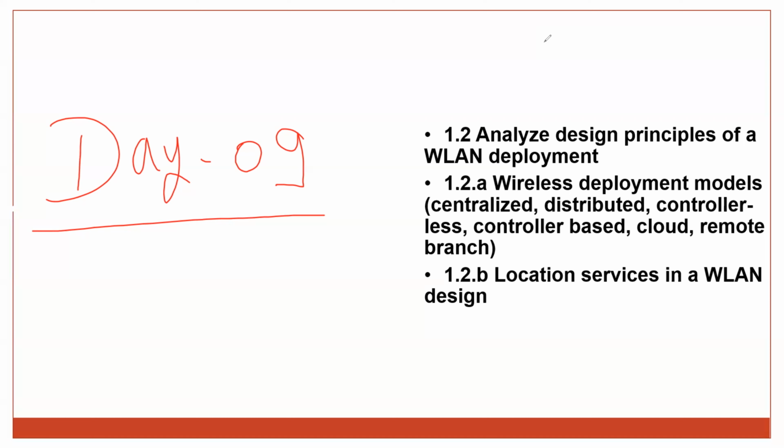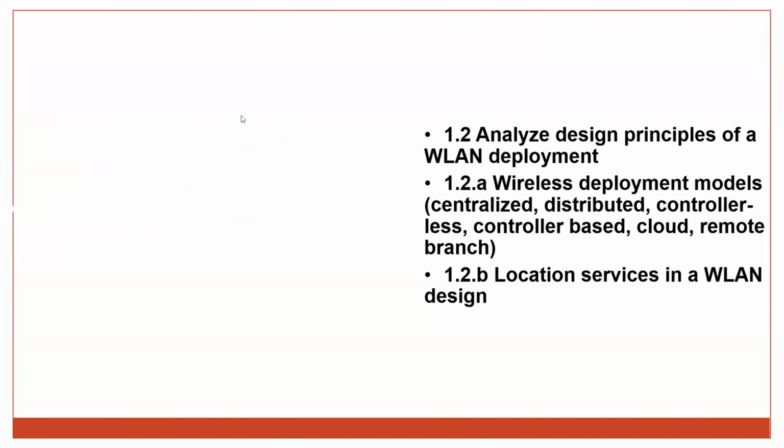You have single band, dual band, different types of antennas. It's a very different type of domain, this wireless world. So in that wireless world, you have to figure out how the data is moving from one place to another without wire, right? And that is actually very interesting.